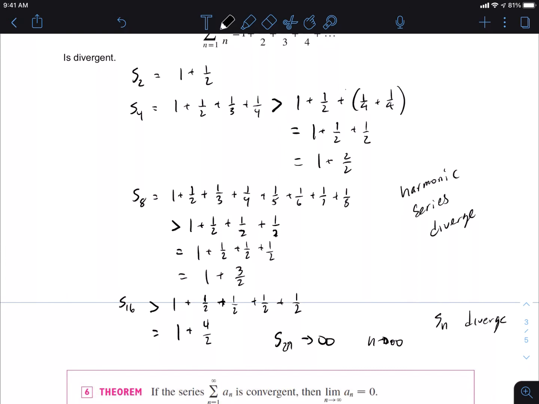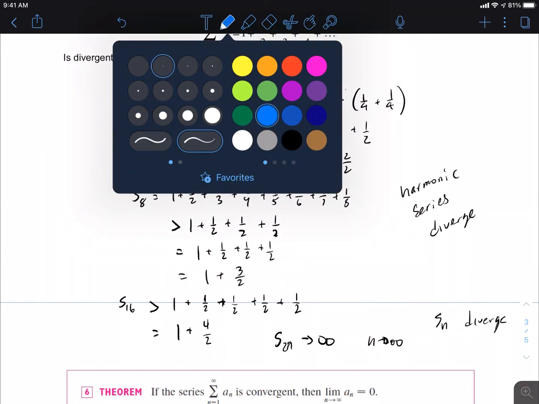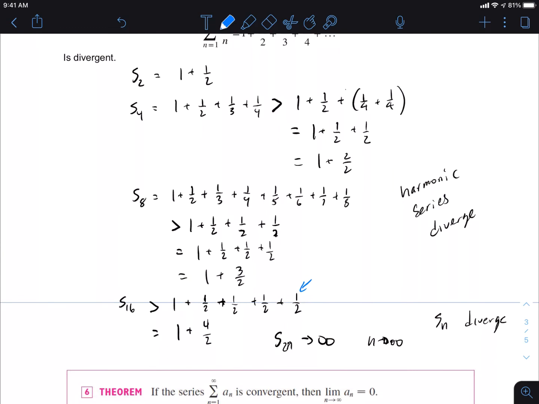Remember, and I'll write this in a different color just so you guys can see, this half here came from me going 1/9 plus 1/10 plus 1/11 plus 1/12 plus 1/13 plus 1/14 plus 1/15 plus 1/16. That's bigger than me going 1/16 plus 1/16 plus 1/16 plus 1/16 plus 1/16 plus 1/16 plus 1/16 plus 1/16.